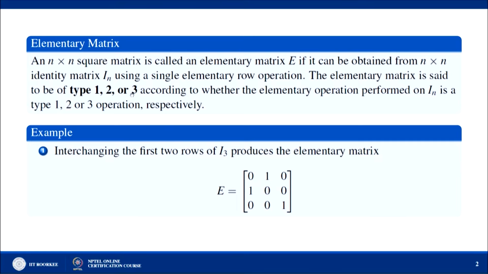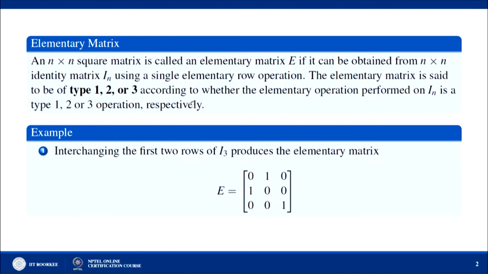Now, if you apply an elementary row operation on a matrix A, and the same elementary row operation you apply on the identity matrix I, then the matrix obtained from I is called an elementary matrix. The elementary matrix is said to be of type 1, 2 or 3 according to whether the elementary operation performed on I n is a type 1, 2 or 3 operation respectively.